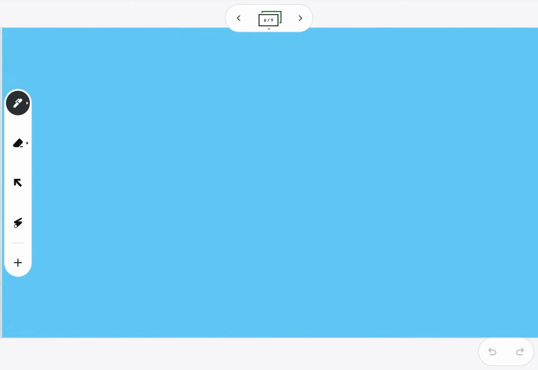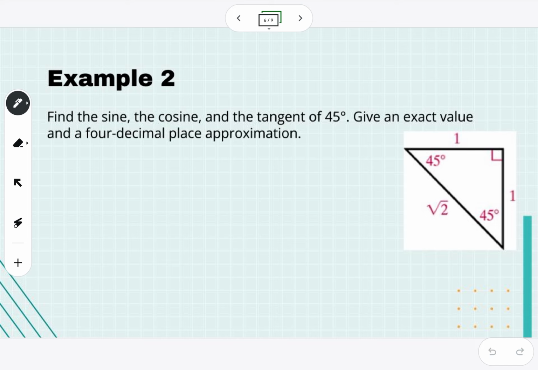Let's move on to another example. Here I'm dealing with a familiar right triangle, the 45, 45, 90. They're asking for the sine, cosine, and tangent of 45 degrees. You could use either one of these 45-degree angles. I'll just think about this one up here. So sine of 45, it's sine of an angle, and here they're asking me for this specific 45-degree angle.